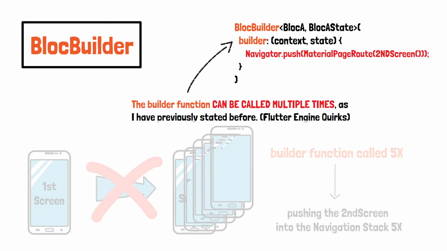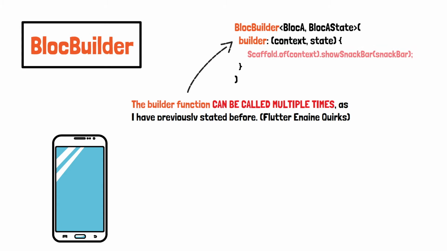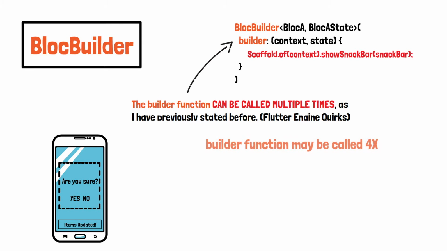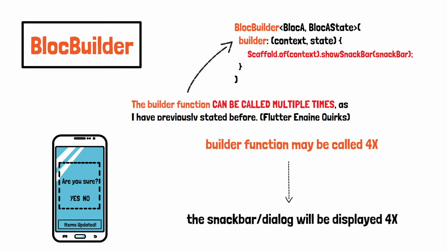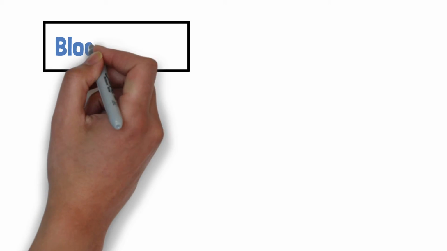No way. Or what if you want to show a snack bar or a dialog for a newly arriving state? The builder function may be called 4 times by the Flutter engine, rebuilding the UI accordingly, but the snack bar will be shown 4 times, as well as the dialog box, which pretty much is not what we want. This is where BlocListener comes into place.